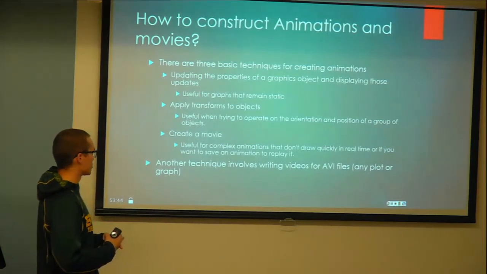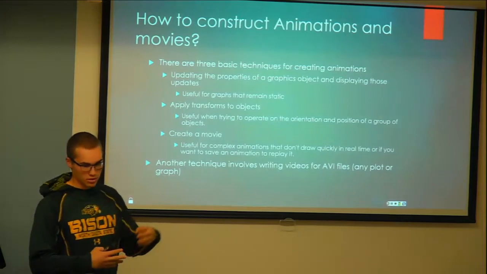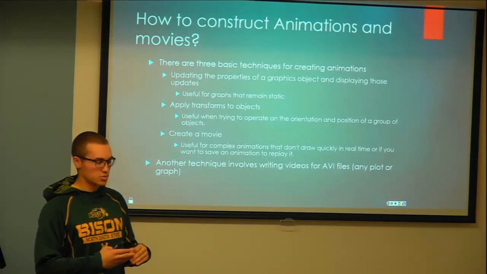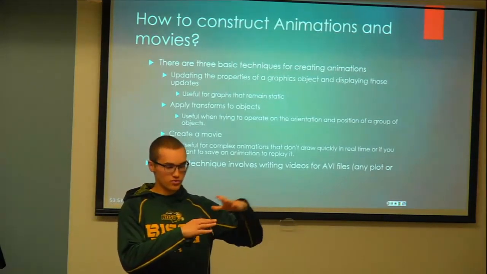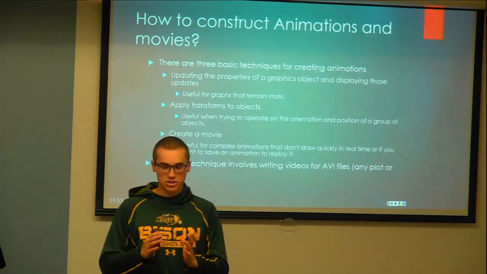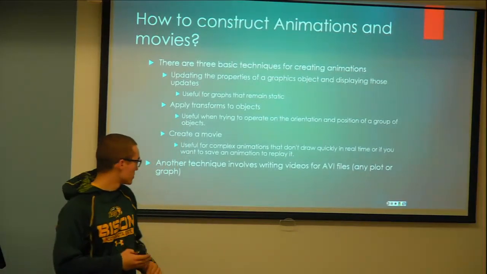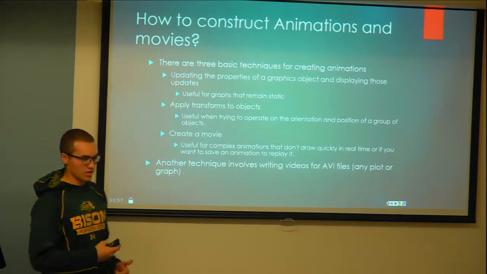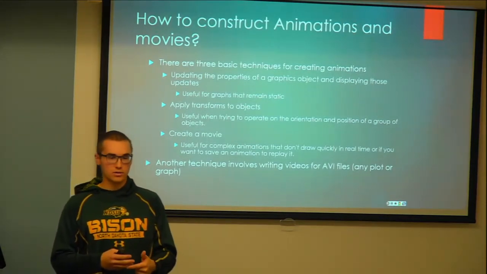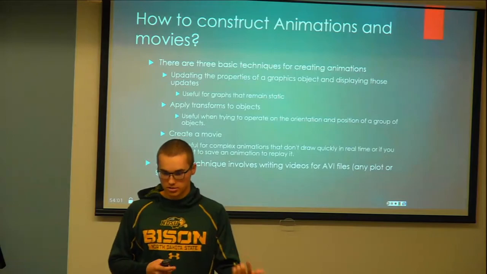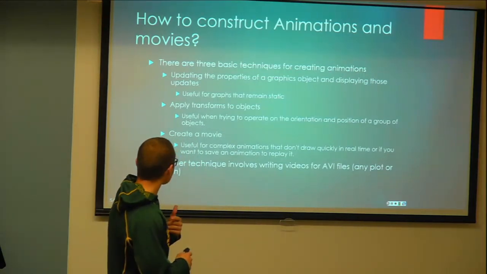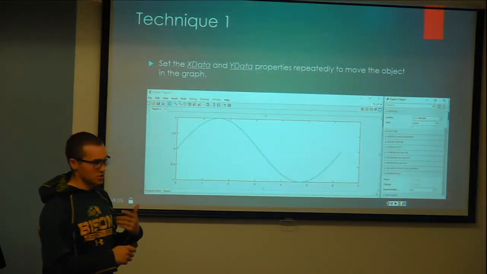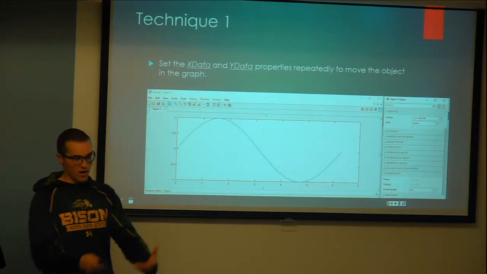You can also create a movie, which is one of the more important ones you need to know. That's where you really get your graph to move and change and see what's going on in motion. And the last one is writing a video that you can save for later and use in a research project or something else.